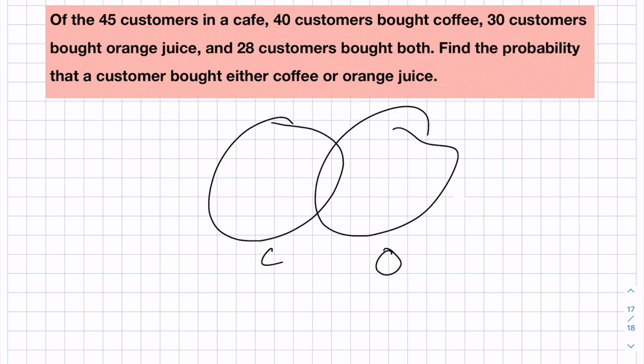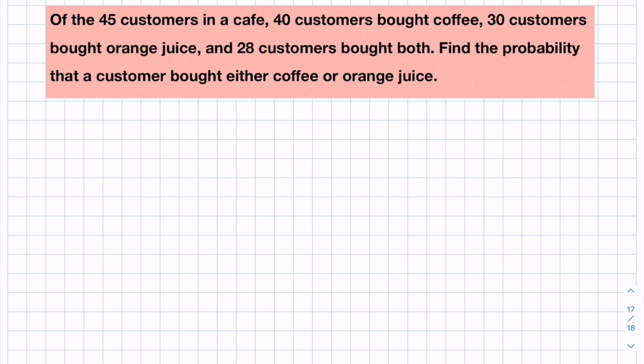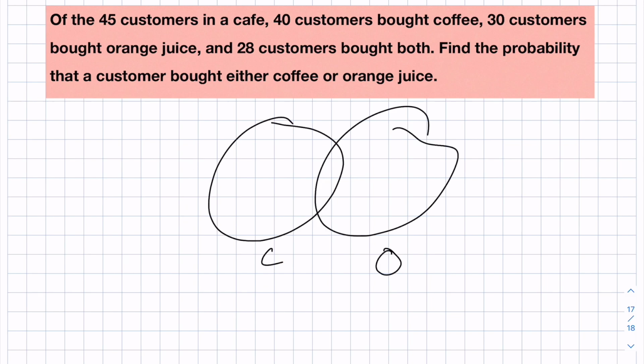Now that we know this information, let's go ahead and solve this. The first thing we have to do is find the probability of those who bought coffee and the probability of those who bought orange juice and subtract the probability of those who bought both.